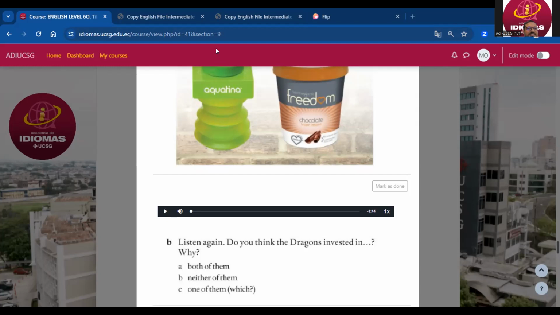I just need 12 more. So your answer in the chat, this one is only guessing, not a problem. Just as an introduction to find out what it is. So as a guess, tell me, the Dragons invested in both of them, neither, or one of them?